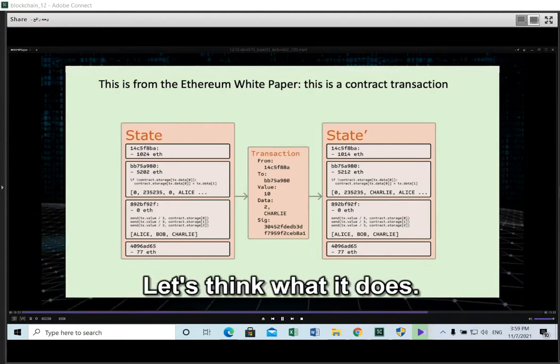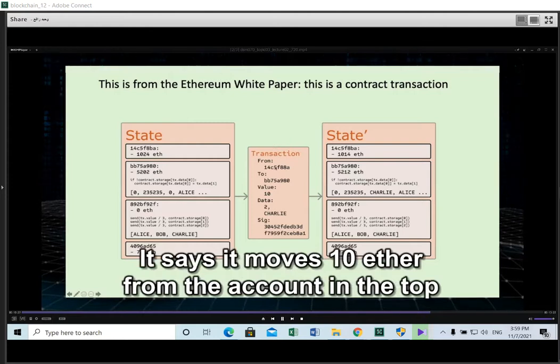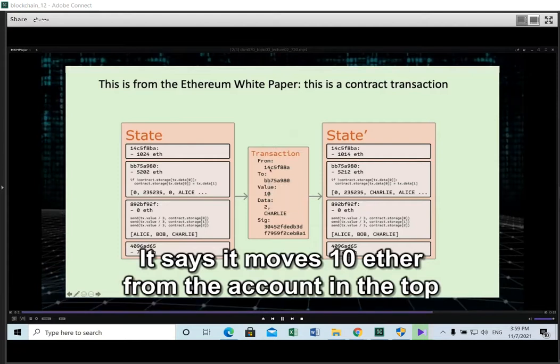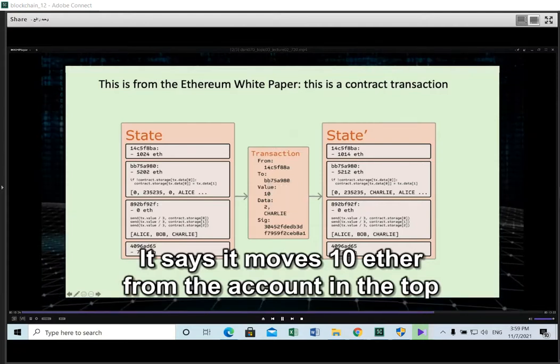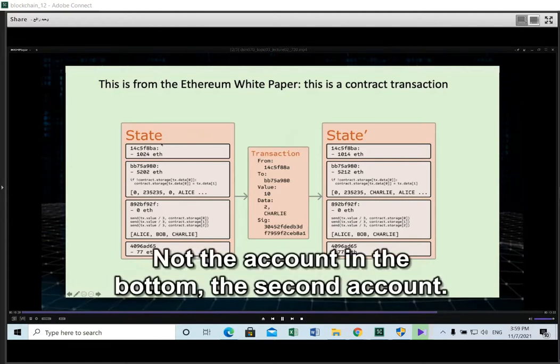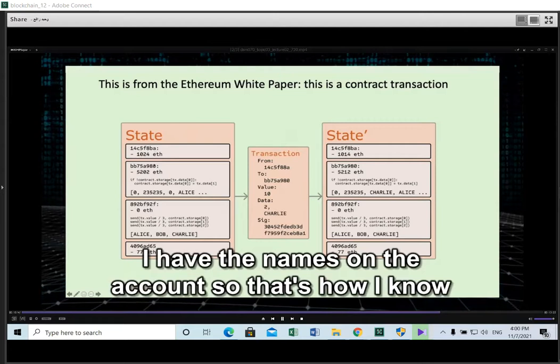So let's think about what it does. Let's look at what the transaction says it does. It says it moves 10 ether from the account on the top to the account on the bottom. I have the names of the accounts, so that's how I know which accounts we're talking about.